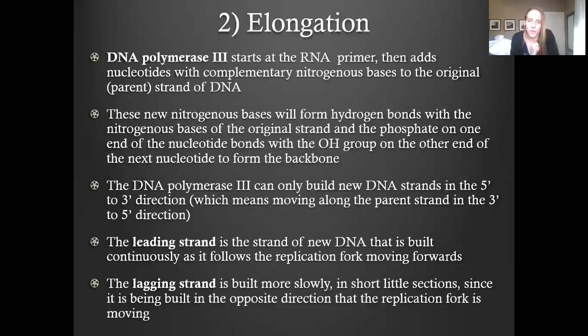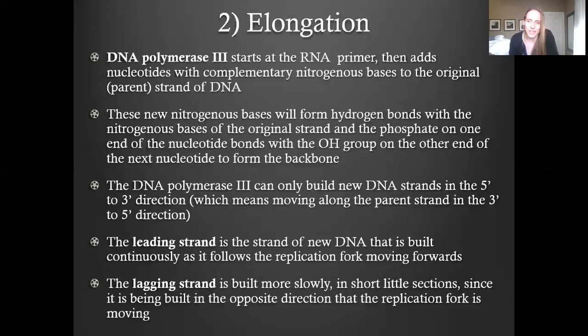The DNA polymerase 3 can only move in the 5' to 3' direction. That's the direction that it's building the new strand, which means that it's moving along the parent strand in the 3' to 5' direction. And I am going to have a picture to go along with all this, so hopefully it'll make more sense.